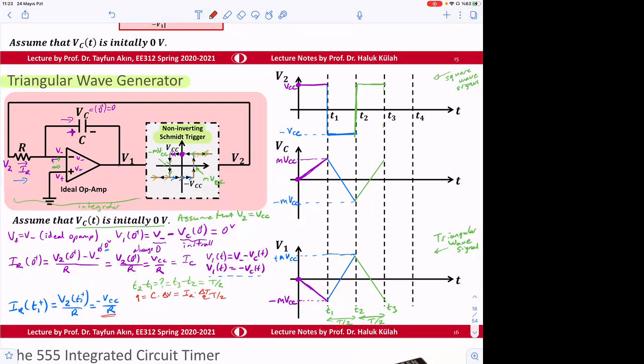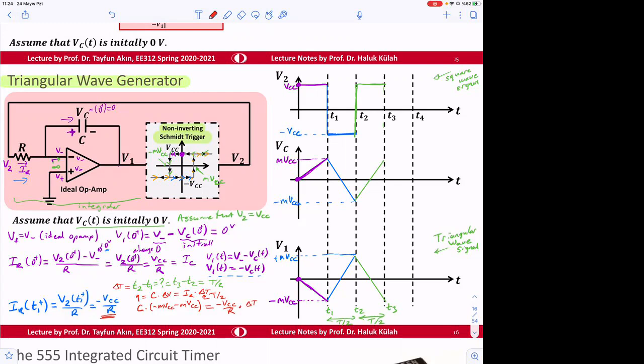So the capacitor times delta V is equal to minus m V_CC minus plus m V_CC. That is the voltage change, because of the minus sign, and it is equal to I_R, which is this I_R, minus V_CC divided by R, times delta t.